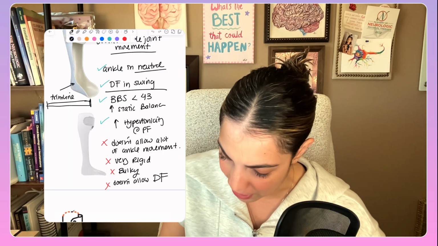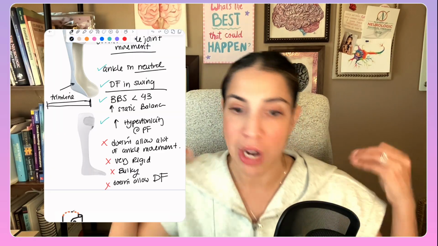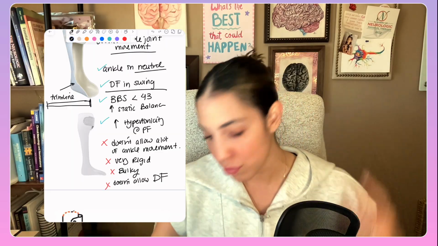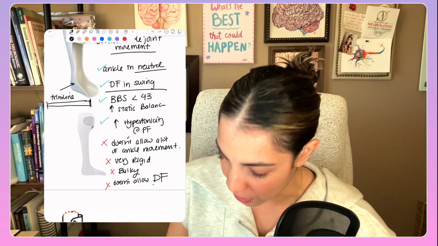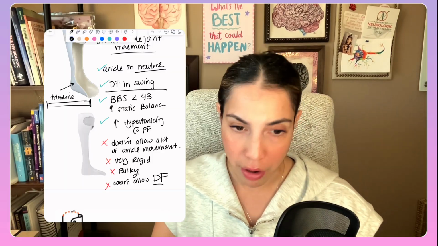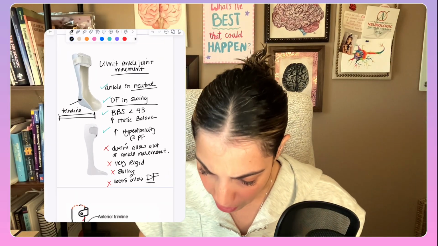So it doesn't allow dorsiflexion when they're trying to rise from a chair, ascending ramps, squatting, descending steps. It's not going to allow dorsiflexion too much. Okay. So those are the major things about solid AFO.